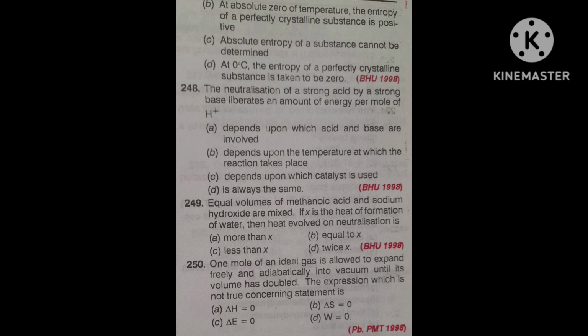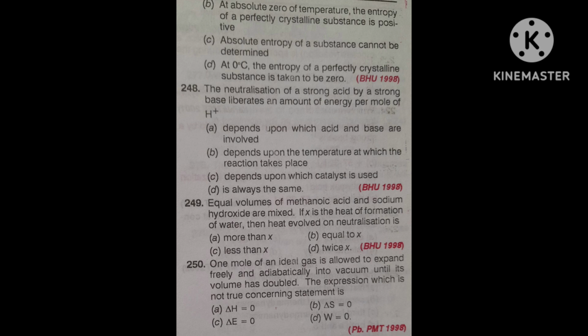Heat evolved of neutralization for a strong acid and a strong base has a fixed value. But because methanoic acid is a weak acid and sodium hydroxide is a strong base, obviously its value will be less than the fixed value, either 13.7 kilocalorie or 57.3 kilojoule.